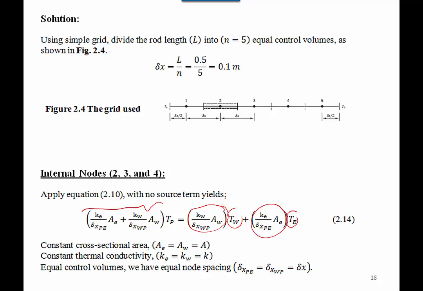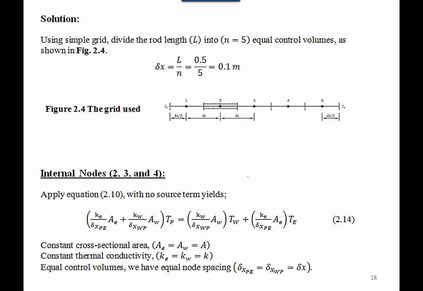There is a notation that this term has to equal one of these, and this A east has to equal the other term.